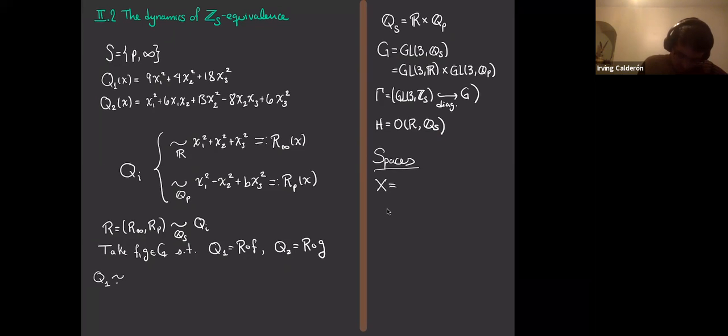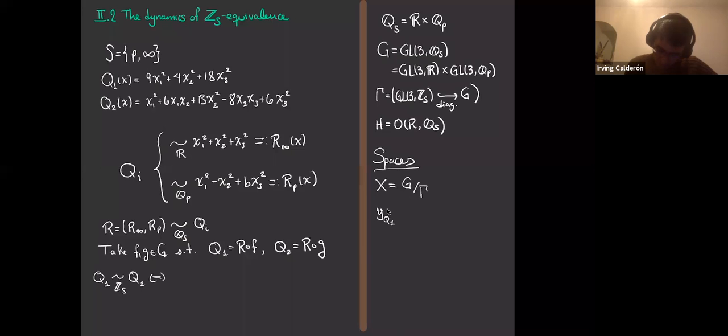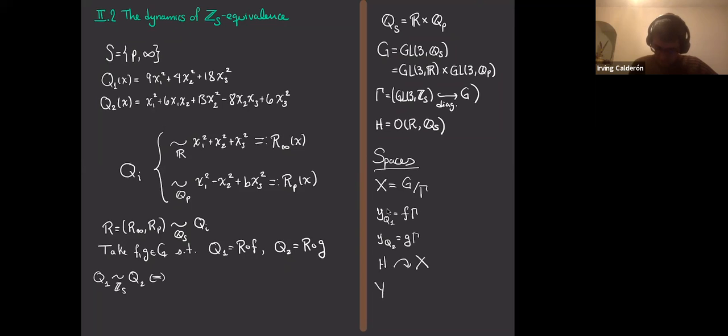So by the same reasoning as before, Q1 is Cs equivalent to Q2 if and only if, we introduce X, again G mod gamma, yQ1 is gamma, yQ2 is g gamma. We consider the action of H on X, and big YQ1 is just the H orbit of small yQ1.